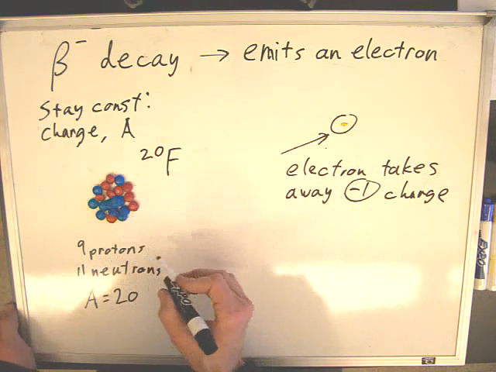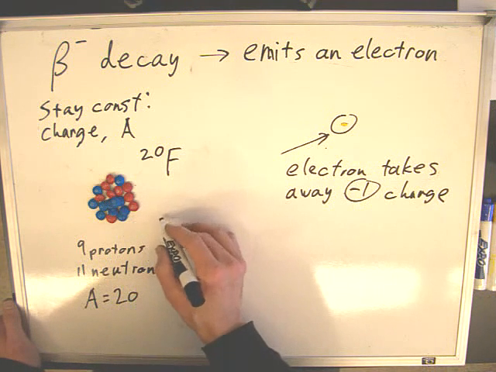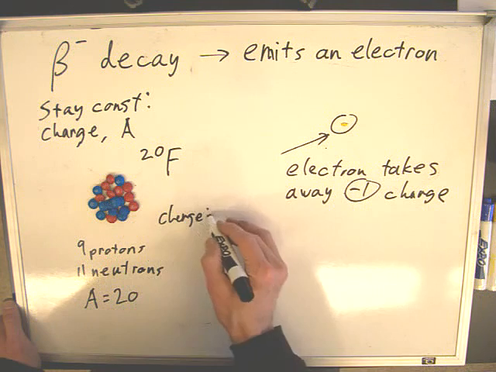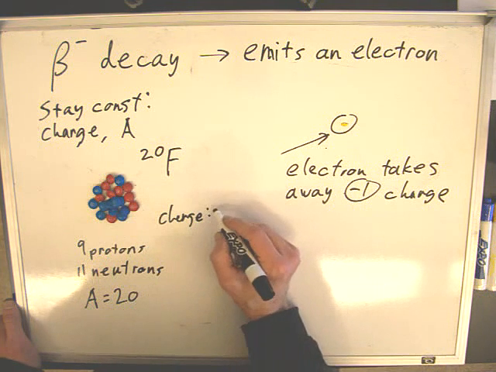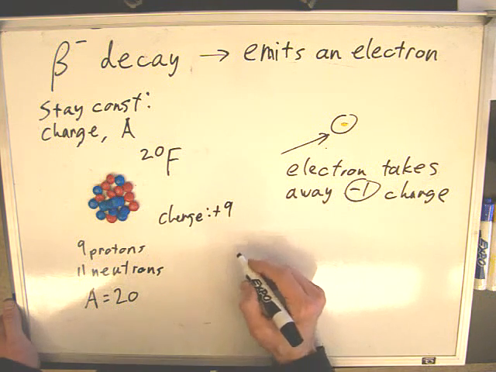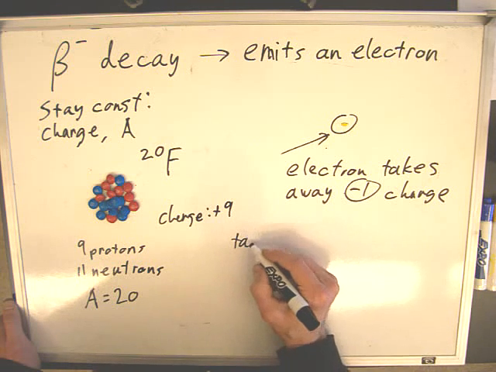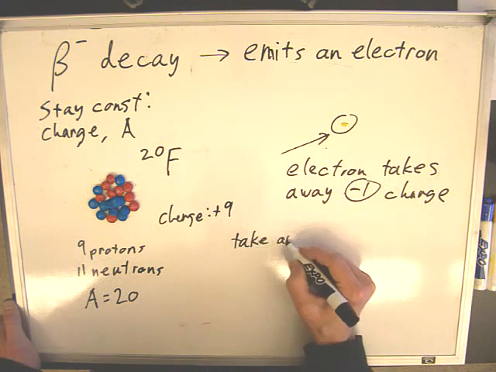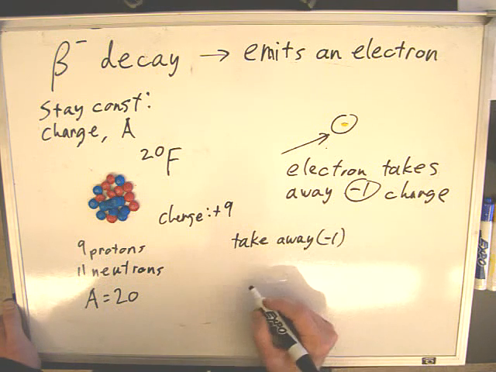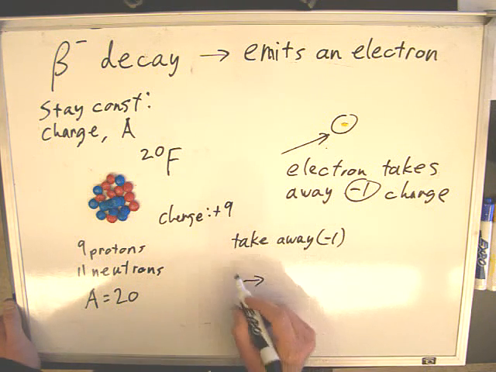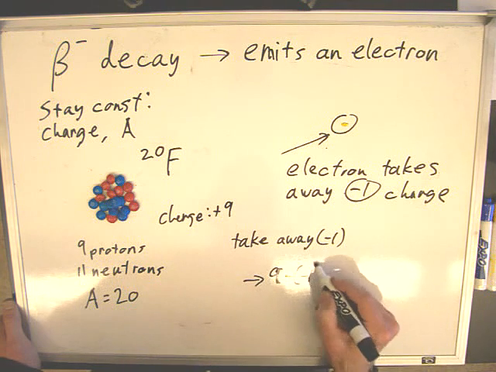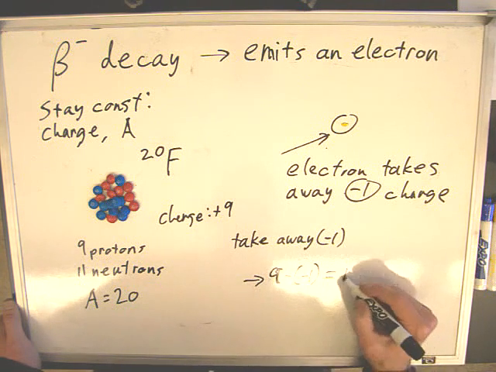So the charge of this thing starts out as +9. Now if I have +9 and I take away -1, what do I have? 9 minus -1 equals 10.